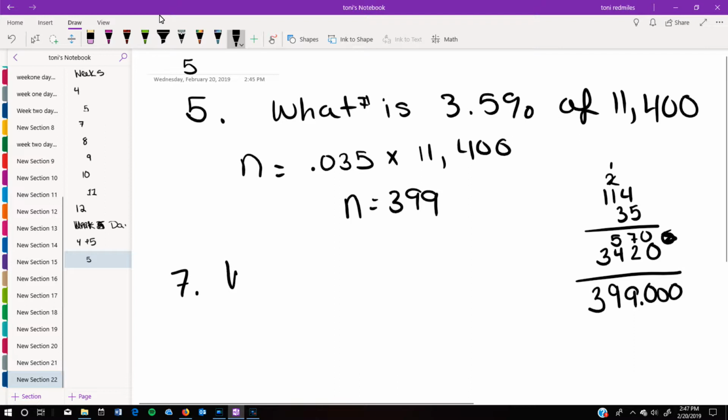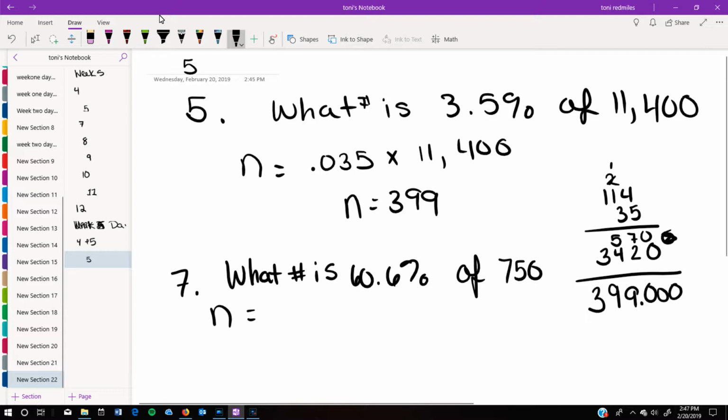All right, what number is, and I'm going to do a fraction this time, so hundredths place, thousandths place. So 606 over 1,000 times 750.